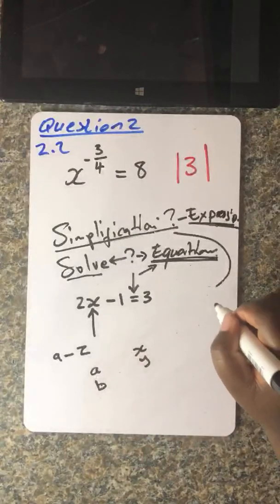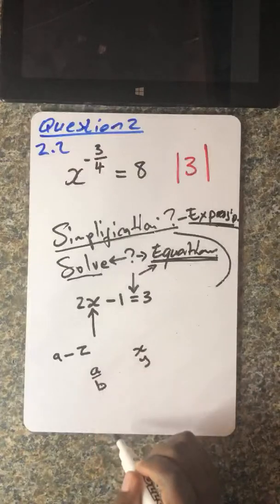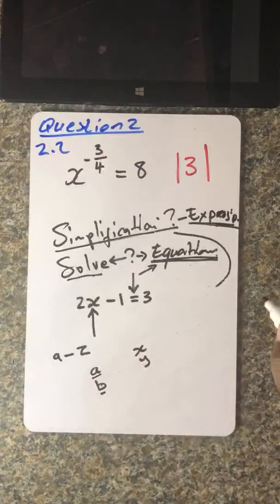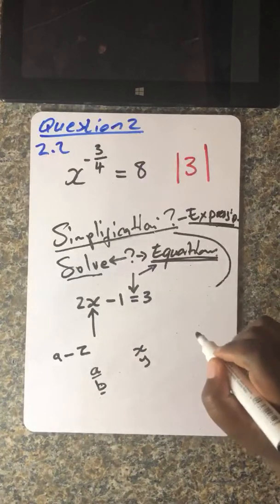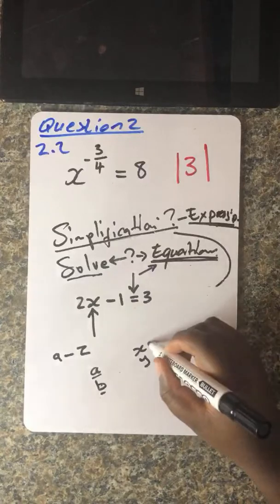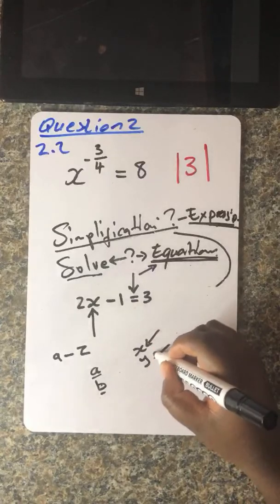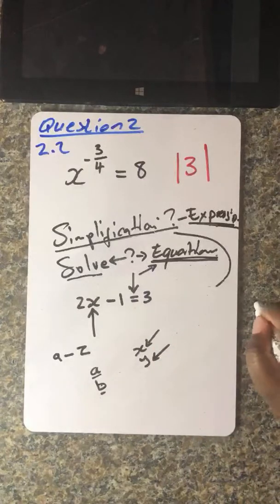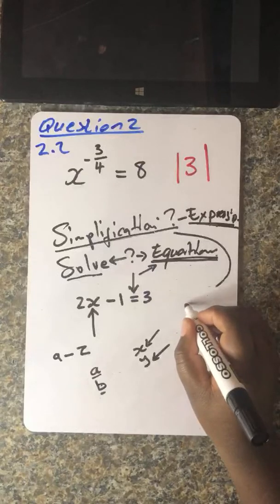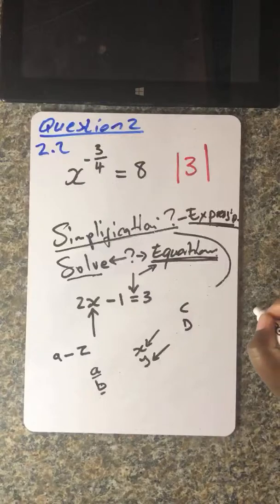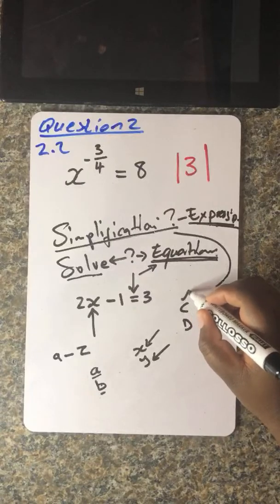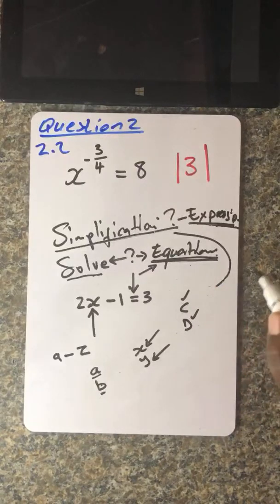Just know that A represents the unknown and B represents the unknown. It doesn't necessarily mean that whenever you solve a simultaneous equation, it should be X and Y. They can even use C and D. For as long as you're solving for two letters, just know that you're solving for the unknown.